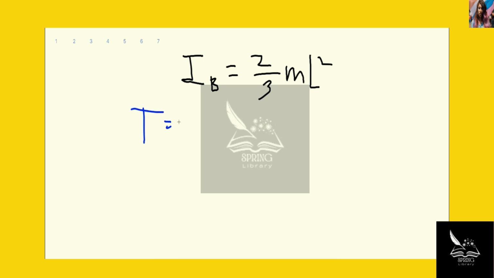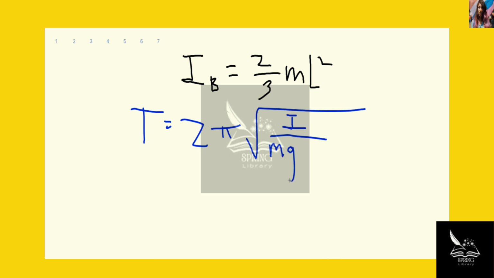T is 2 pi square root I over m g d. So d is not L in this case. D is the distance from the rotation axis to the center of gravity. Okay, so we have a rod.